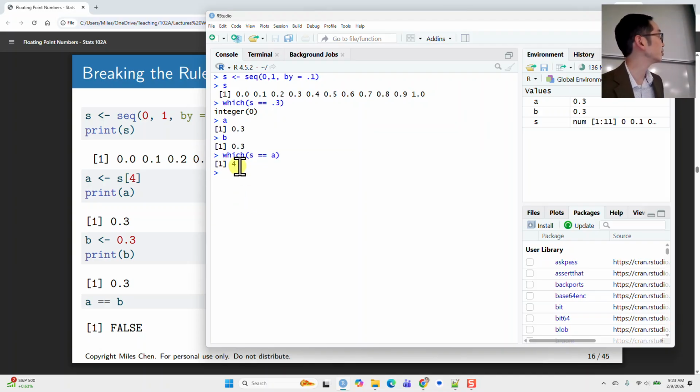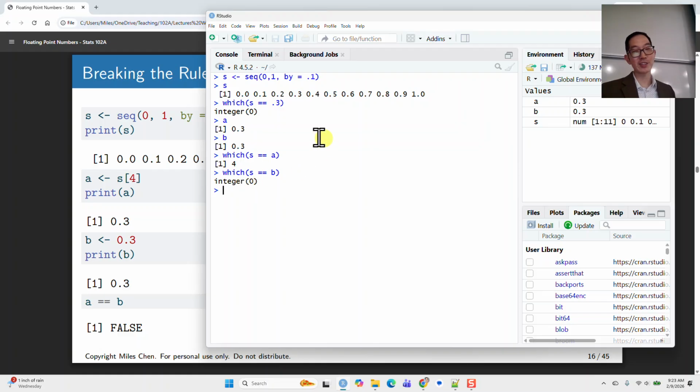The fourth value in S is equal to A. But which of S is equal to B? None of the values are equal to B. How did you end up with B over here? You got 0.3. How did you end up with A over here? You got 0.3. This is 0.3 up here. And you could imagine writing some kind of code with an if statement, where you're expecting this to be equal to that.